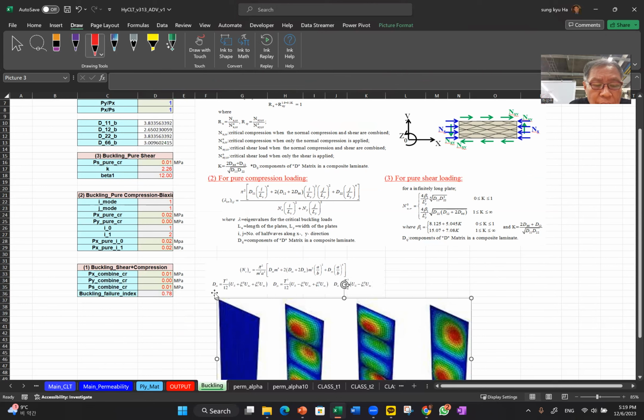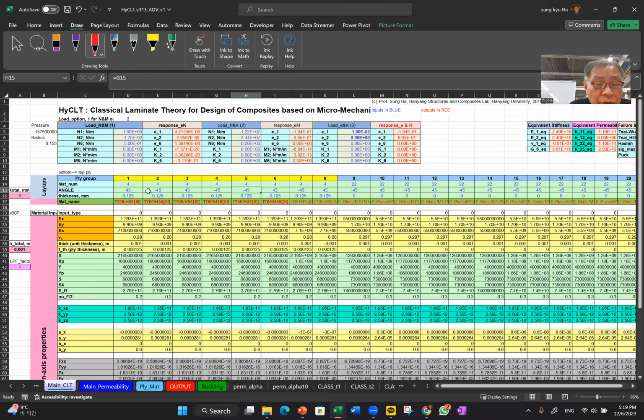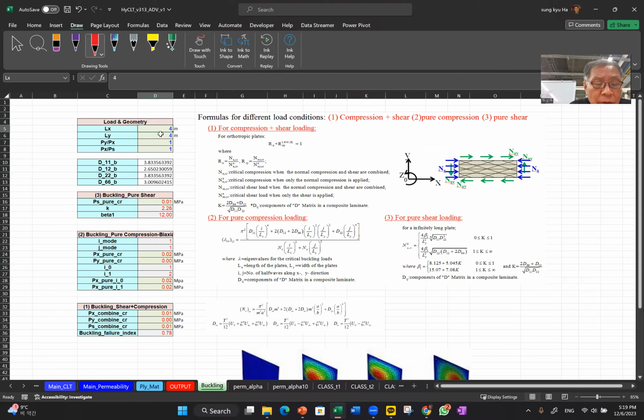I don't mean to discuss the precise number, but the point is that, depending on the layup sequence, this is exactly X and Y plus minus 45, and then we have a ratio of 4 to 4. Then this mode is 1 1, and this one will give us the buckling load.